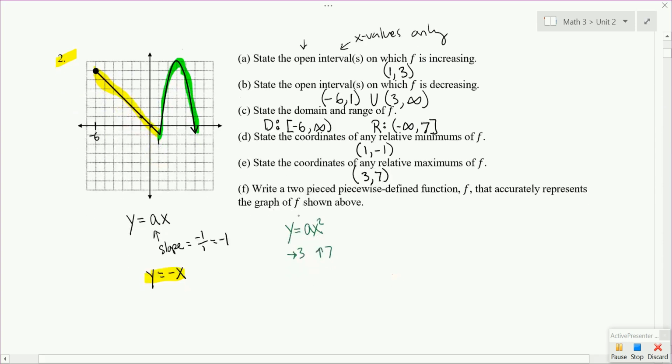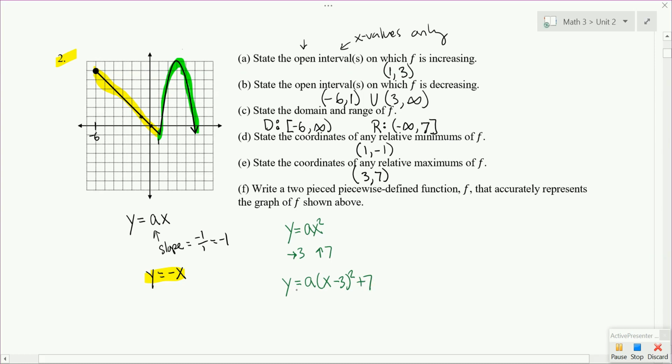So we're going to rewrite that quadratic to represent that translation. So we have x minus 3 squared plus 7, and now we just need to find out what a is.